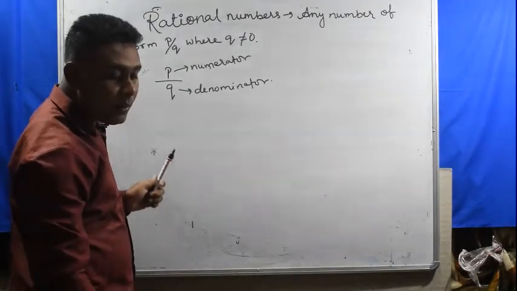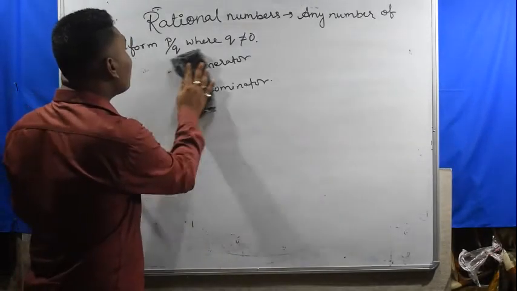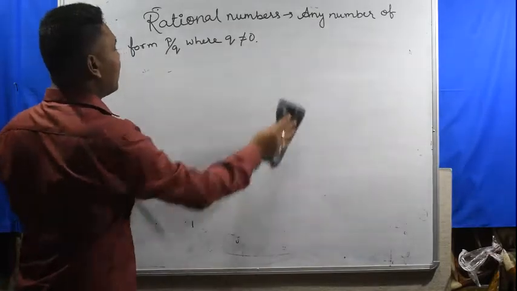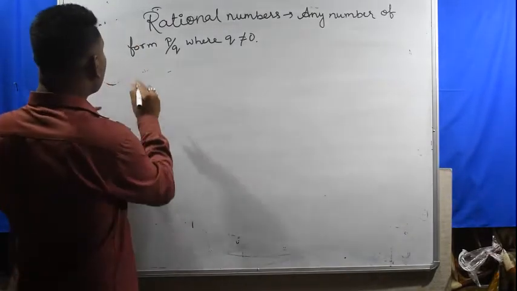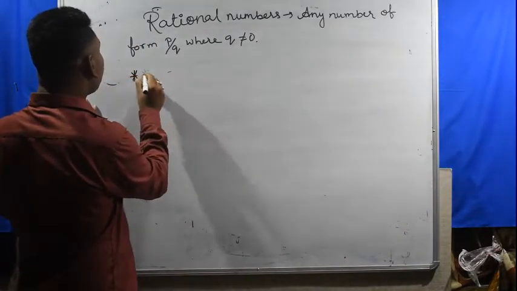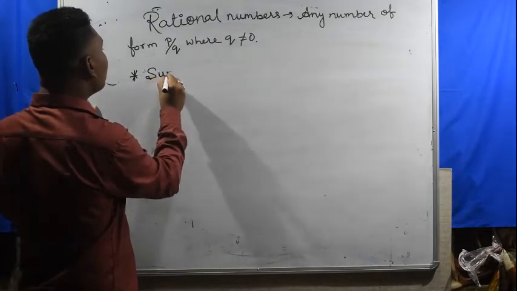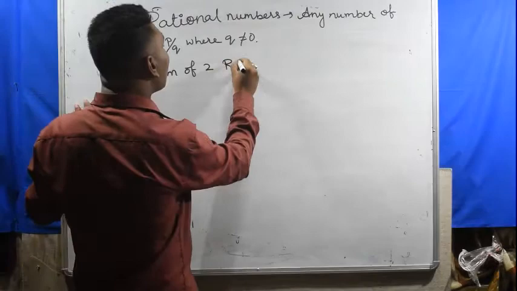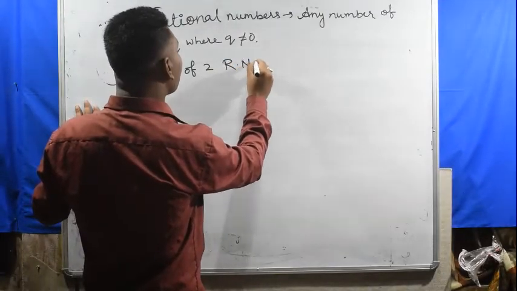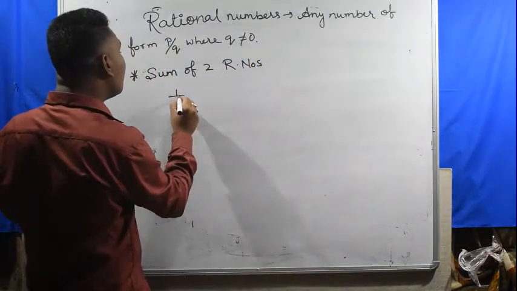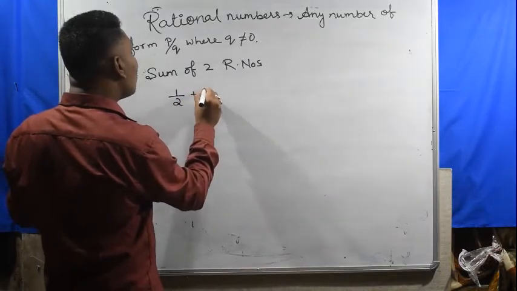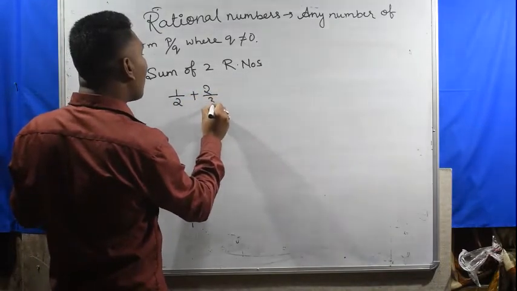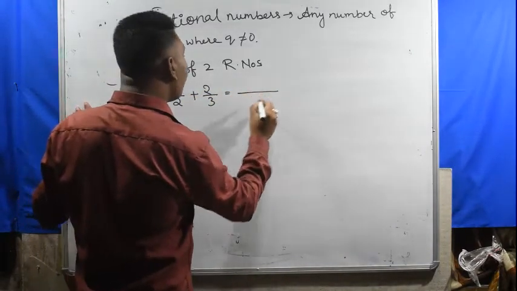Now let us see the sum of two rational numbers. Suppose I have 1 by 2 plus 2 by 3. I do the basic LCM.